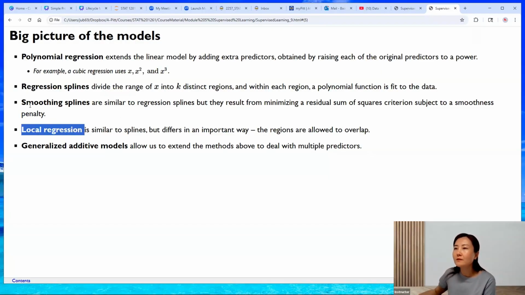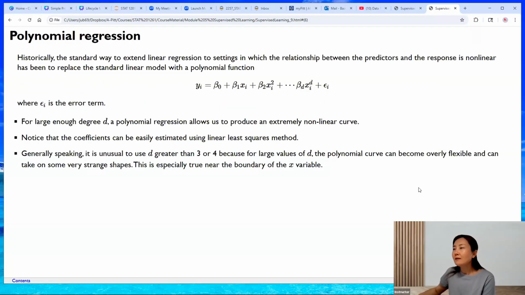This one is similar to splines, but differs in an important way. The regions are allowed to overlap. In splines, you see the regions are distinct, so they don't overlap. But in local regression, the regions actually overlap with each other. This is an outline. Let's start from the beginning.